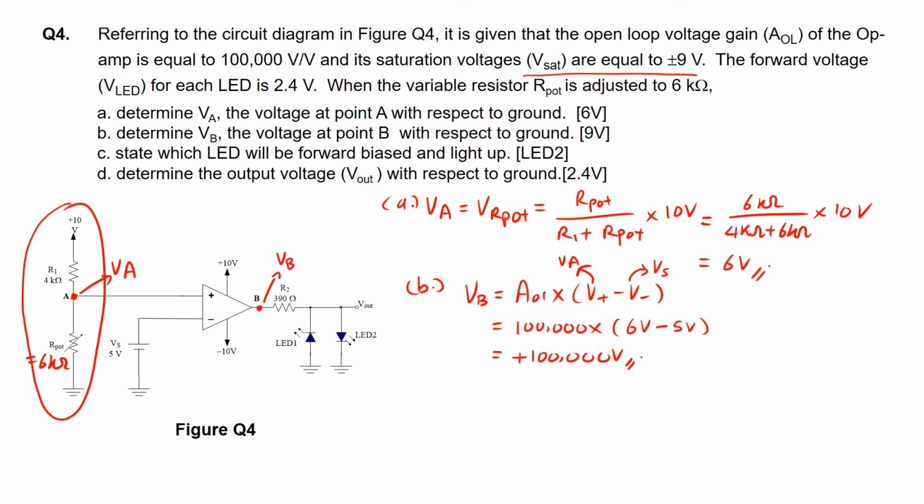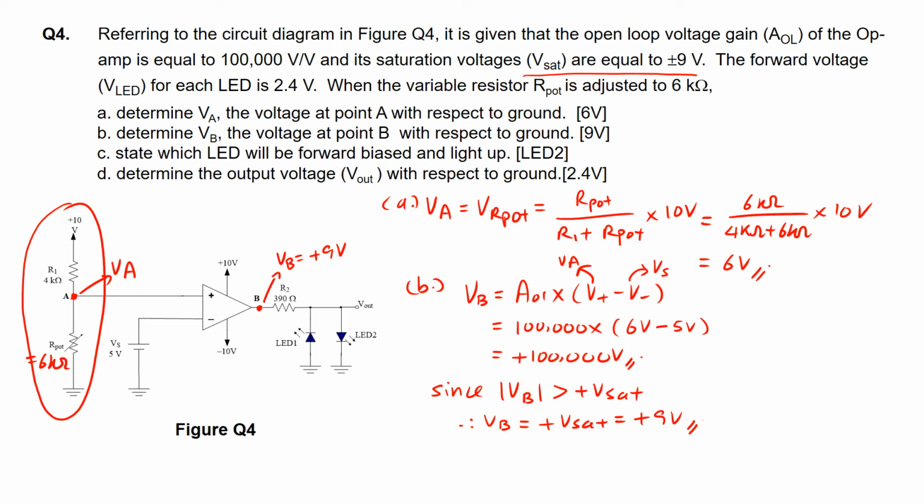So we can make this comparison: since the magnitude of VB is greater than the positive value of V sat, VB will then be equal to plus V sat, which is plus 9 volts. Therefore VB here is plus 9 volts.